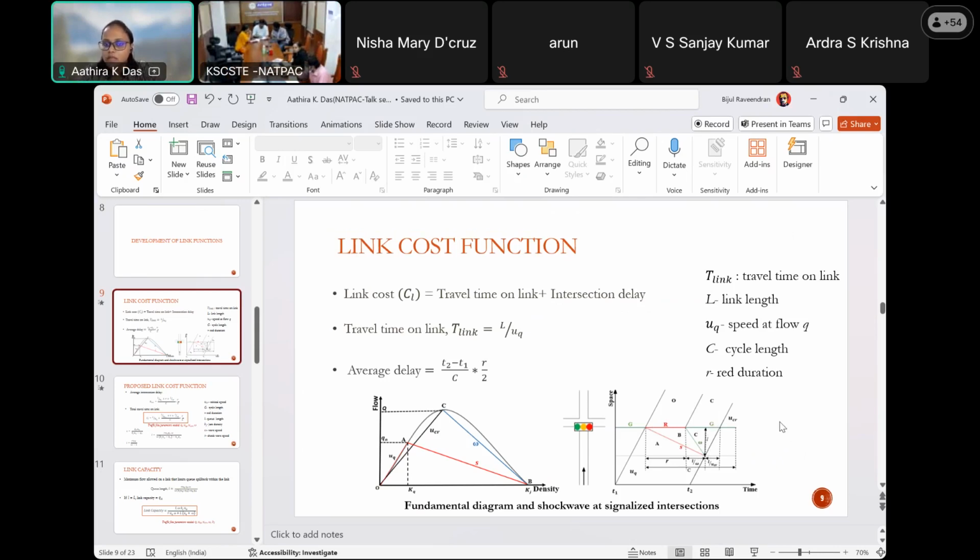We have mixed traffic, where the two-wheelers will come in front during the red signal, and when the signal turns green, the queue is relieved and there will be a saturation flow. This saturation flow will depend upon the mixed traffic, so it will depend upon the speed of two-wheelers and all other vehicles.